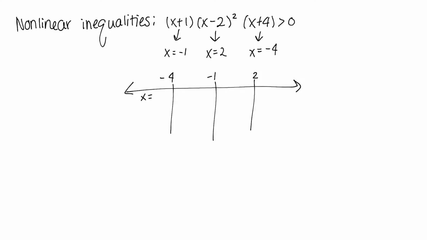I'm just going to do a test value for the first one. So plugging in negative 5, I get negative. And then this guy is positive because he's squared. So negative 5 minus 2 is negative, but you square it and it's positive. And then negative 5 plus 4 is negative. And altogether, this guy right here is a positive.